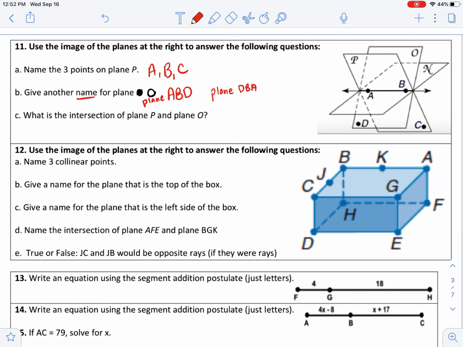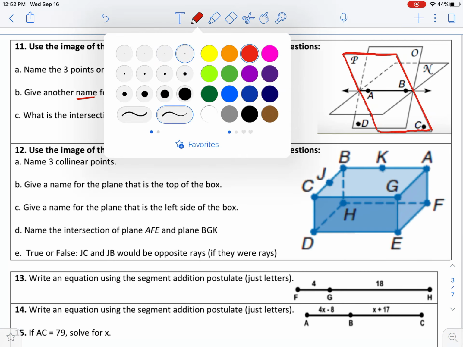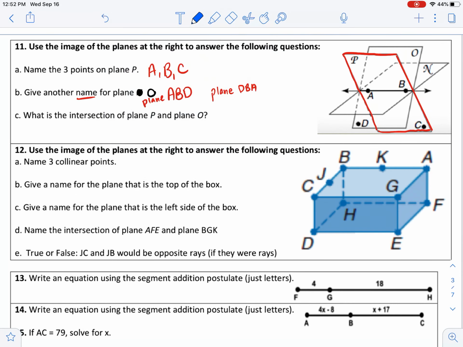All right, now let's look for our intersection of plane P and plane O. I'm going to outline plane P again. So here's my outline of plane P, and I'll pick a different color. Let's do blue for plane O. So I'm looking for where plane P and plane O intersect.